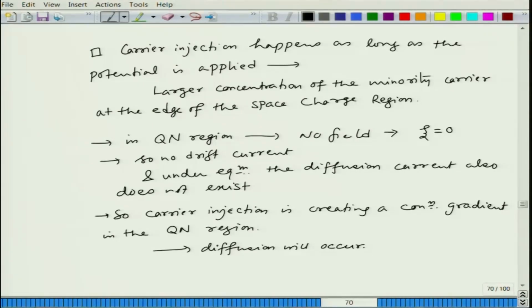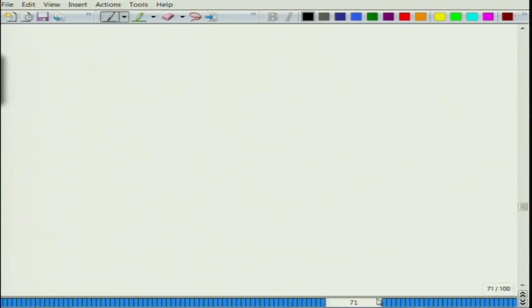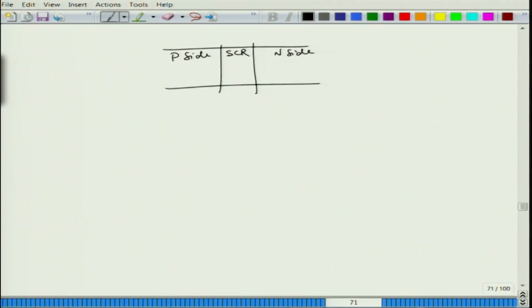Qualitatively, say this is the p-n junction, where this is the space charge region, with the p side and n side. In the p side, where the electrons are minority carriers, you have a larger concentration here. So, you have a concentration gradient created at the edge of the quasi neutral region.